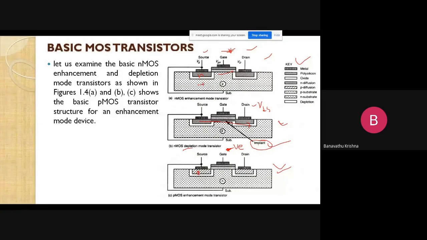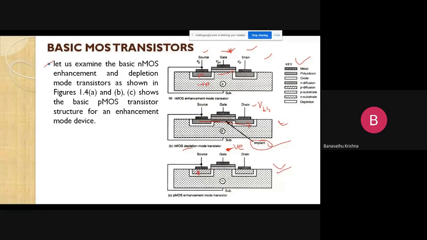This is positive ions, here negative ions. The substrate is N, the source and drain are P diffusion regions. Again, here source and drain are N diffusion regions, and the substrate is P type region. Next, let us see here.